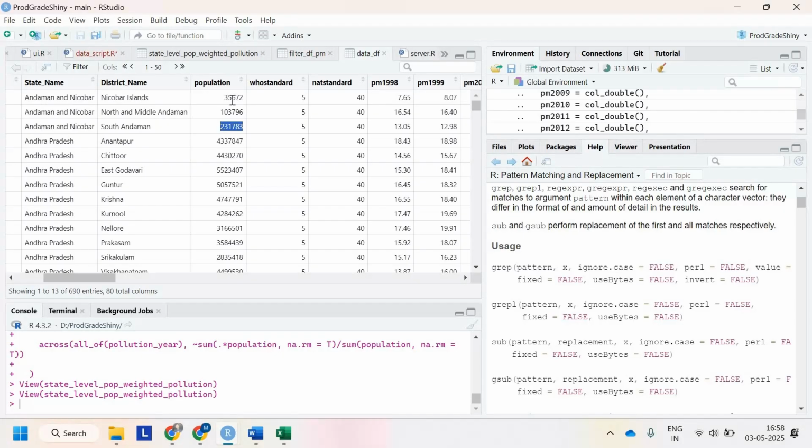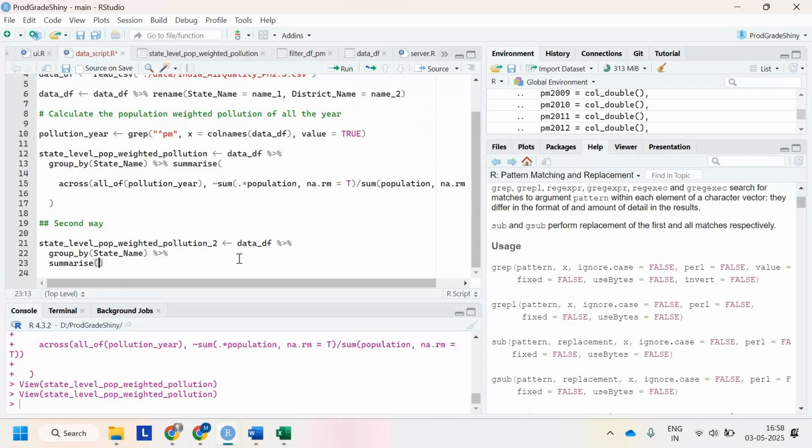If you multiply this population with this value, and this population with this value, you will get the numerator, and if you divide it by this population plus this population in the denominator, you will get the average value of that particular state. You have to do the same thing for these 3 columns, so you will get one column that gives you the average population weighted pollution value. So let's see how we can do that.